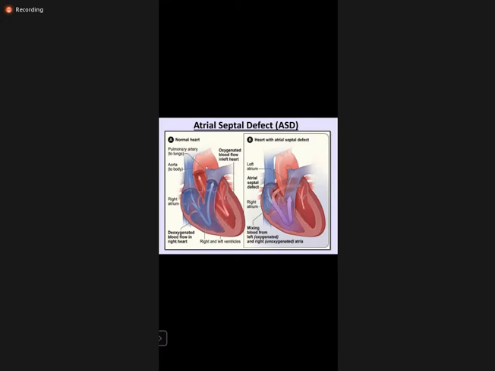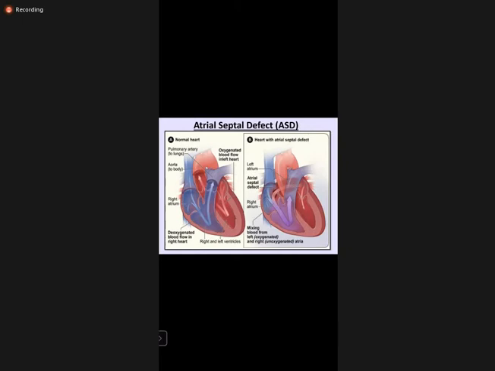On the right side, there is the heart with the ASD, in which there is a defect in the interatrial septum, which allows the blood to shunt from the high pressure chamber to the low pressure chamber, that is from the left atrium, which has more pressure than the right atrium. So the oxygenated blood will shunt from the left atrium into the right atrium.